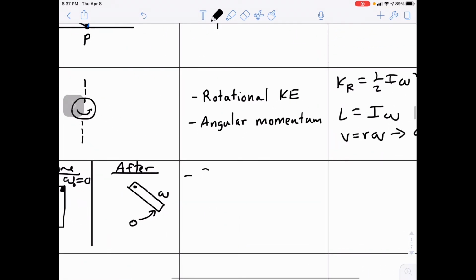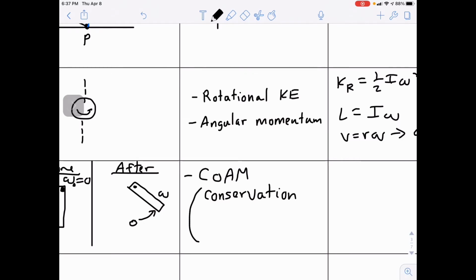This is a concept known as conservation of angular momentum, COAM. Again, that's abbreviated conservation of angular momentum.